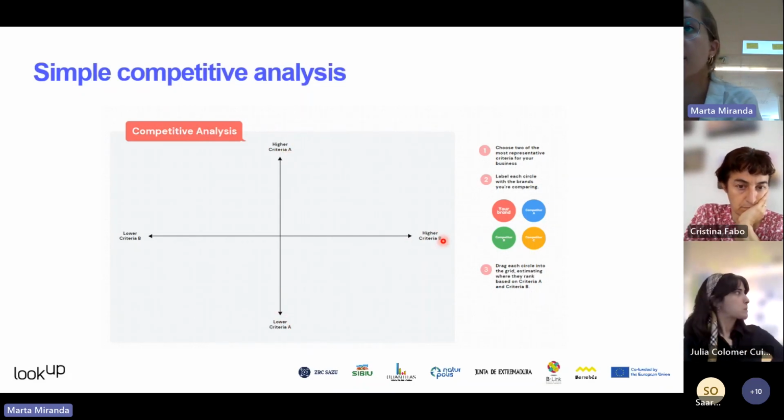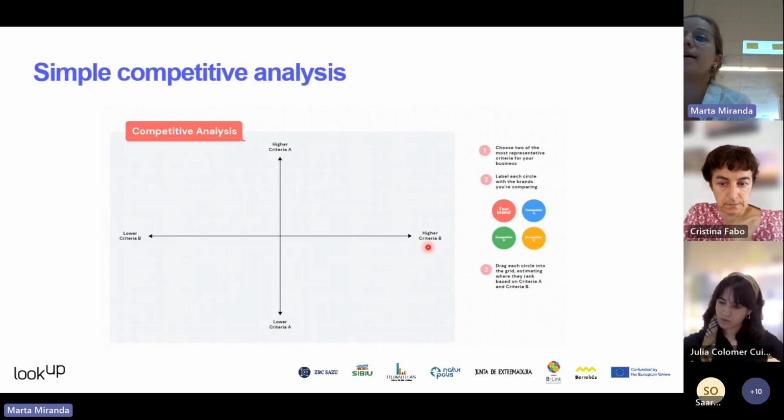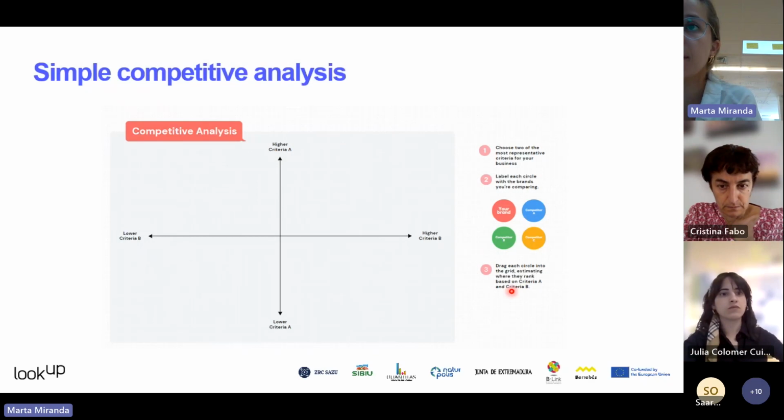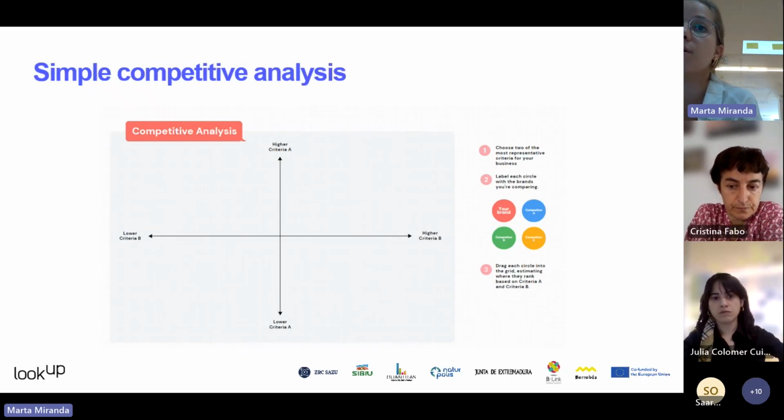and the highest criteria in B is here, and the lowest here, no? And the way in which we can fulfill this matrix is by labeling our competitors and placing them into this chart depending on their performance in each criteria.